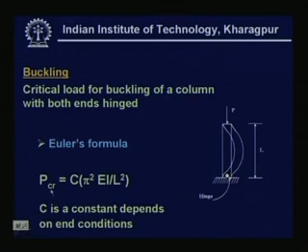Now, the basic idea of P critical is that when P is more than P critical, if you give the slightest push from either side, the column will completely fail. But if P is less than P critical, then with a slight push at this side, and if you withdraw that sideward force, then what will happen?